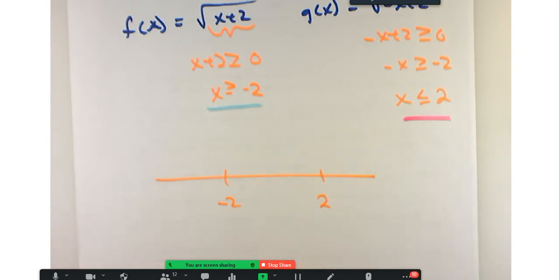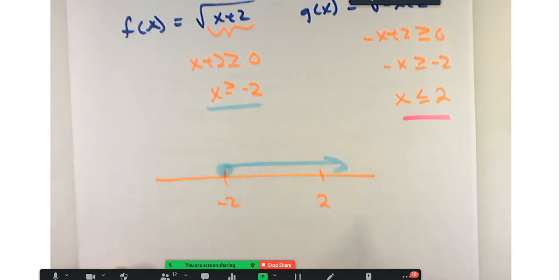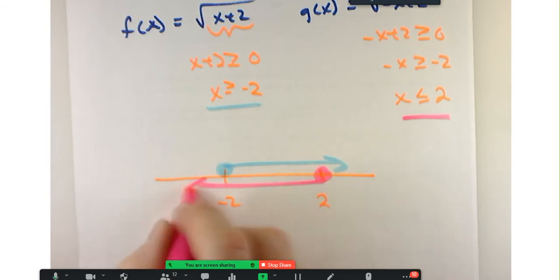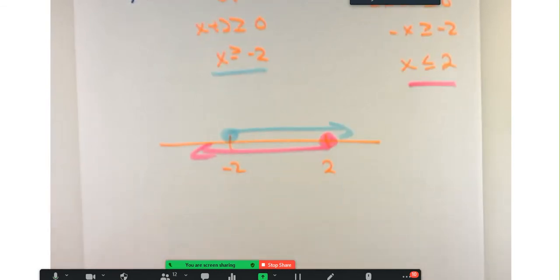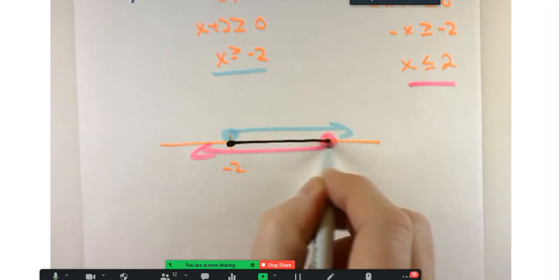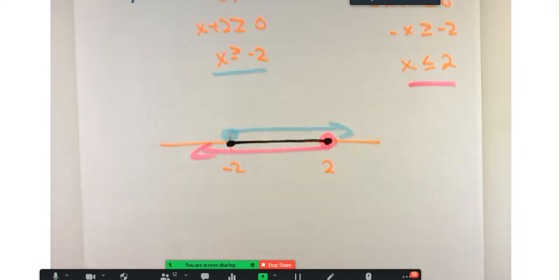On the one hand, I've got x is greater than or equal to -2. On the other hand, I've got x is less than or equal to 2. Can you see that they overlap right here? This is where they overlap, in that middle part. You can see that visually.